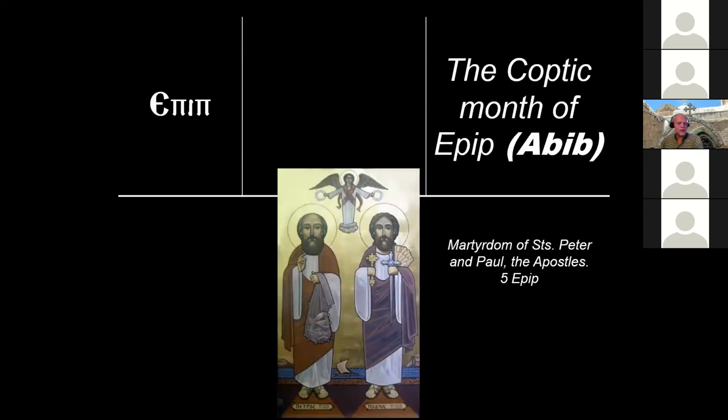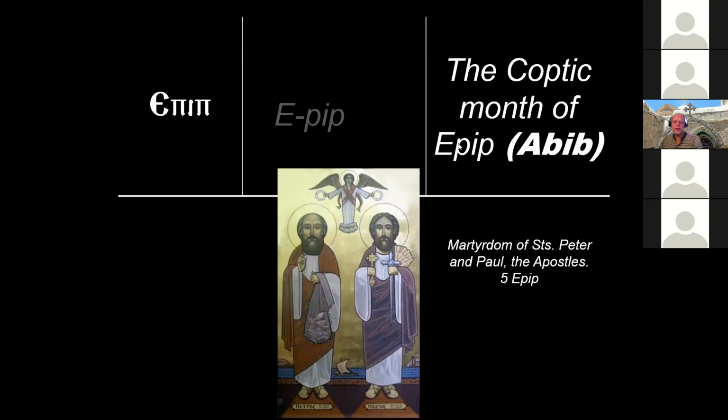Okay, let's see. Next. I don't have people raising their hands, so I'll start picking on people now. Mina, you want to do the next one? Yes. Epip. Good. Epip is one of the Coptic months. In Arabic, it's pronounced Abib.